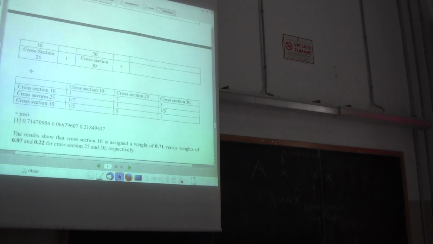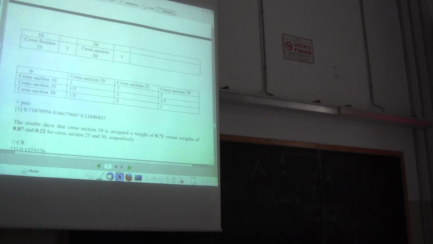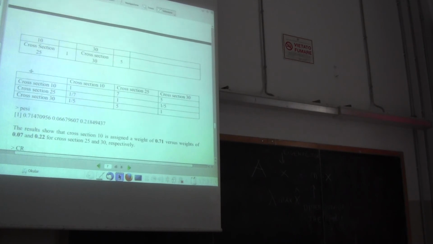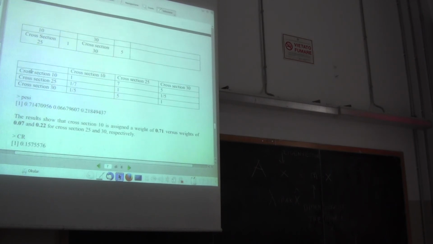This is the matrix. And you see that cross-section 10 is assigned a weight of 0.71 versus a weight of 0.07 and 0.22 for the other two cross-sections.